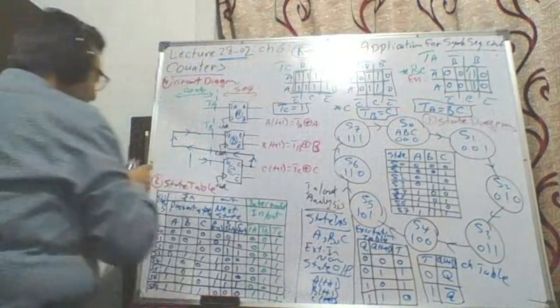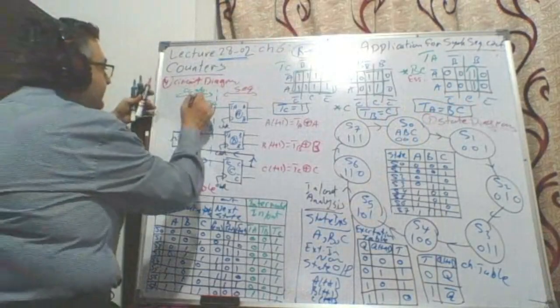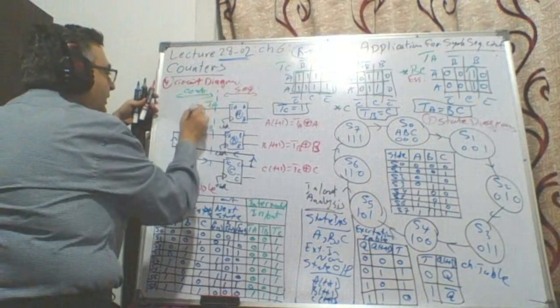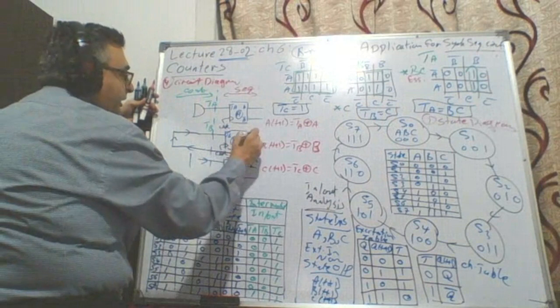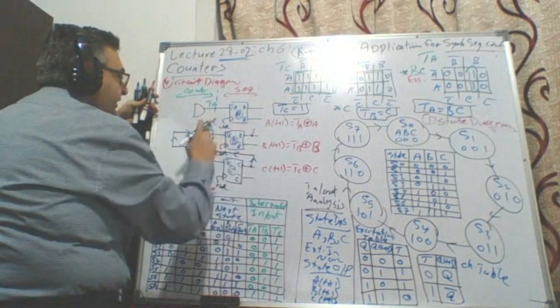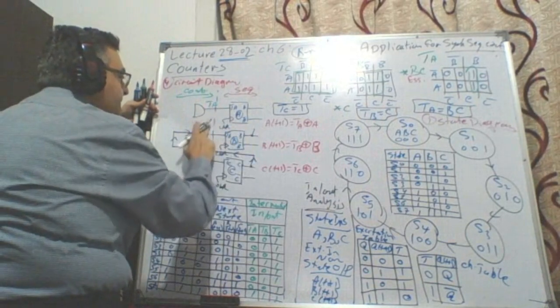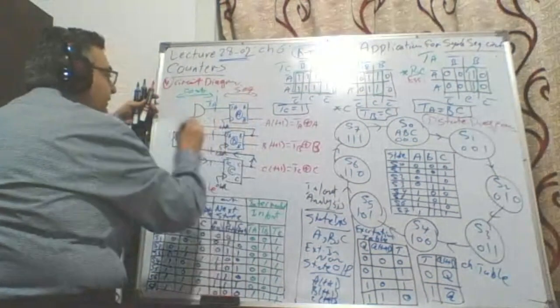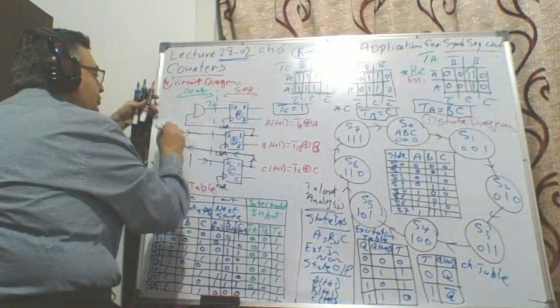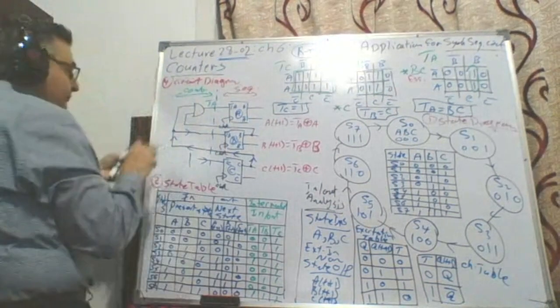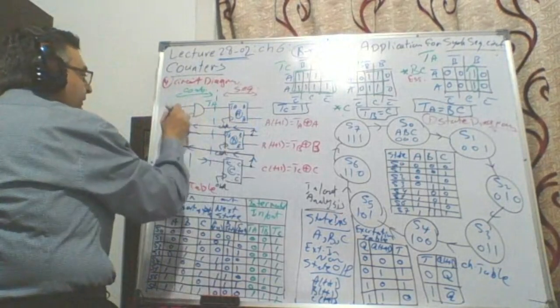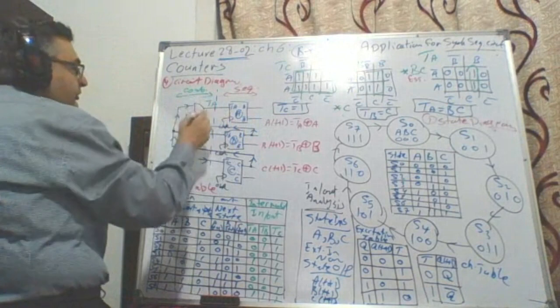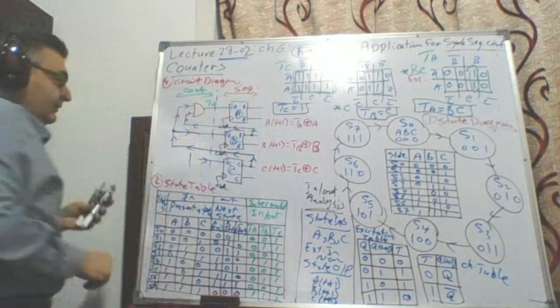TA needs an AND gate, connecting B to C. So coming from the feedback, B and C are connected to give me TA.